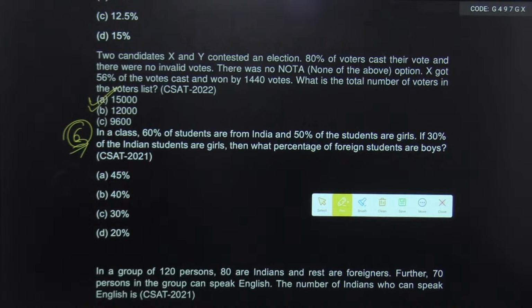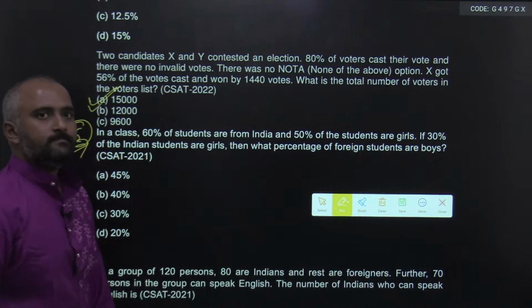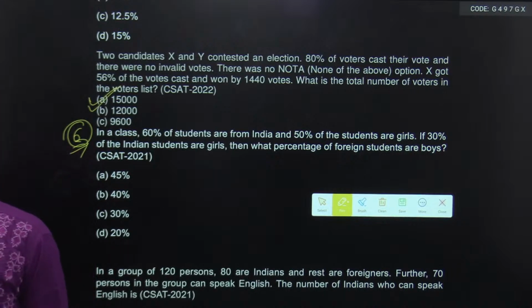If 30% of the Indian students are girls, then what percentage of foreign students are boys? What percentage of foreign students are boys?